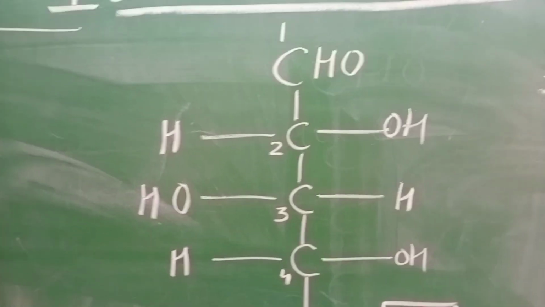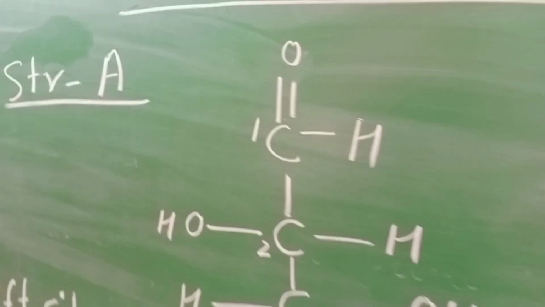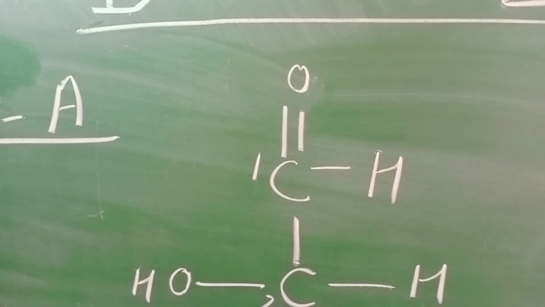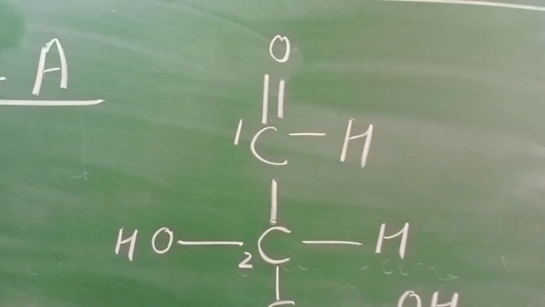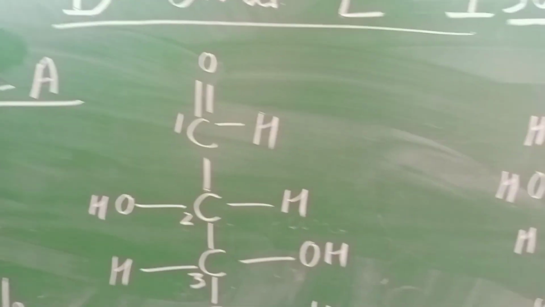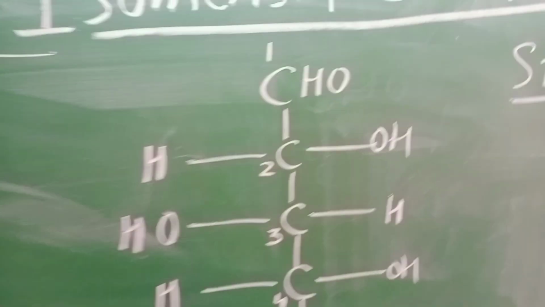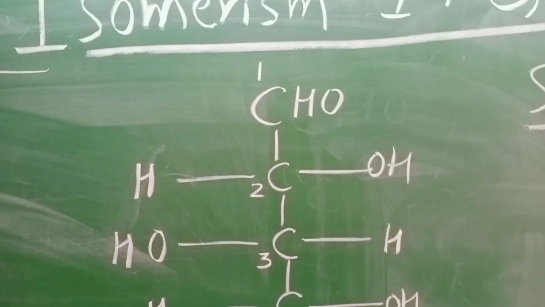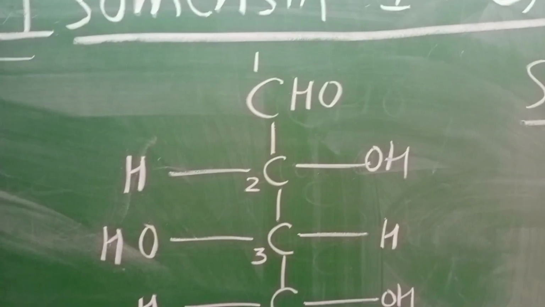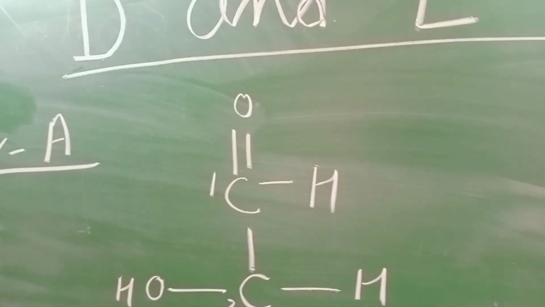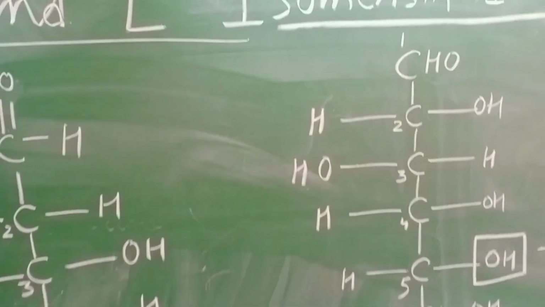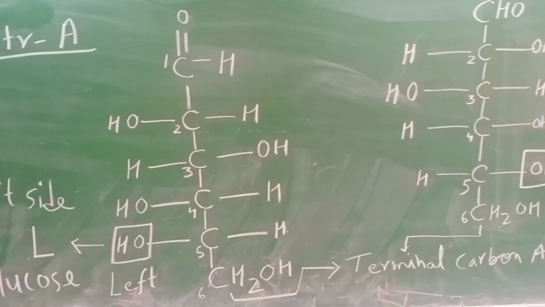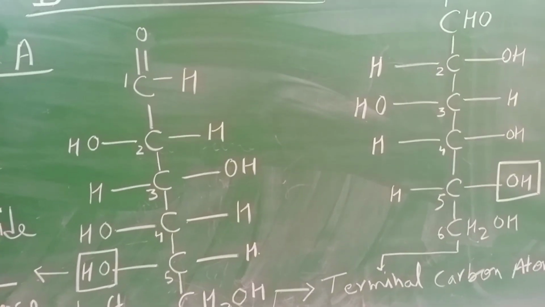Structure A also contains an aldehyde group which I represented as CHO at the first carbon atom, and in the case of structure B also I represent the aldehydic group at the first carbon atom. So both these structures contain the aldehydic group along with a total of 6 carbon atoms.